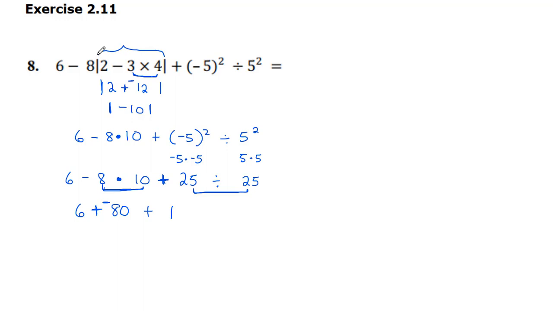I can combine my positives together. 6 plus 1 is 7, plus negative 80. And I can see that clearly I have way more negatives than positives. So my answer is going to be negative, and I'm going to subtract 80 minus 7, which is 73. And so I will have a negative 73 as my result.